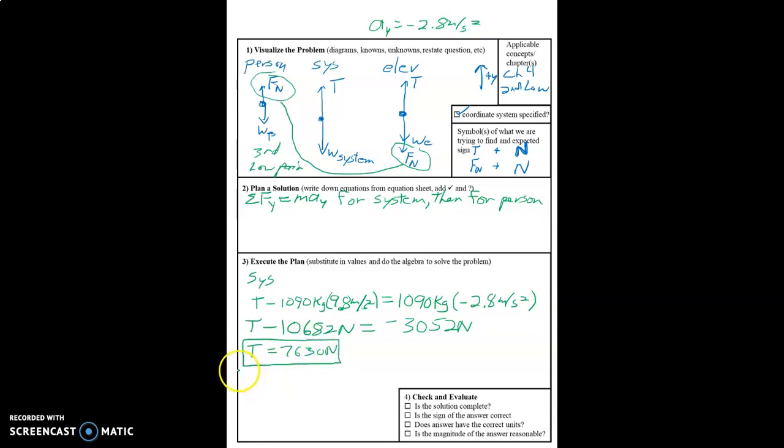Now we're going to sum forces on the person. We'll say the normal force minus the weight of the person, 90 kilograms, times 9.8 equals 90 kilograms, times negative 2.8 meters per second squared.